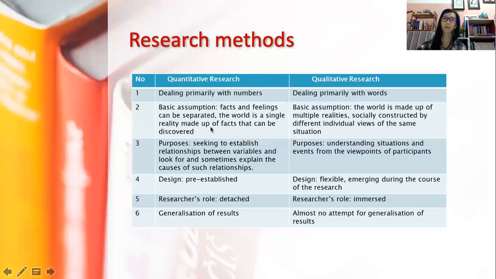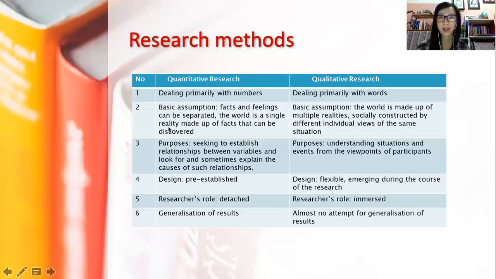The basic assumption for quantitative research is that facts and feelings are different things. Facts and feelings can be separated. And this world that we are living in is a single reality. We will highlight this one.